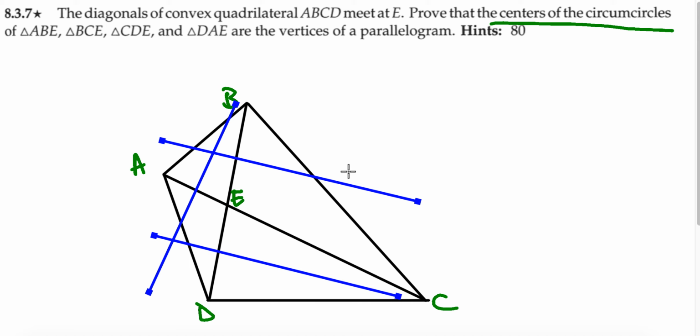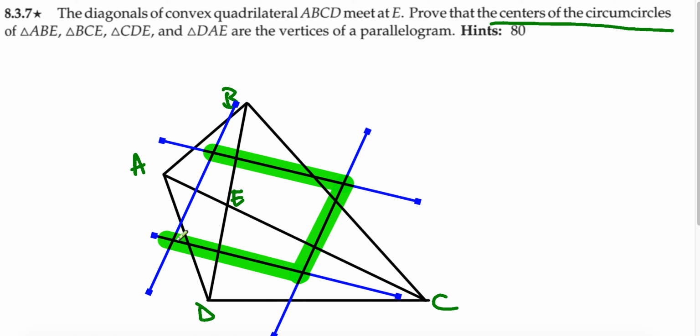Lastly, then we are looking at the green one, which must be a parallelogram. How do you know that?